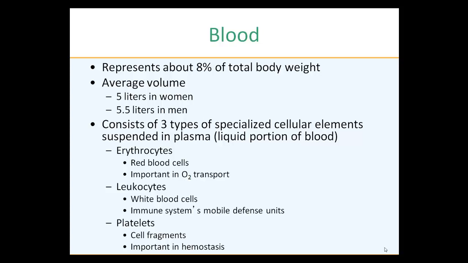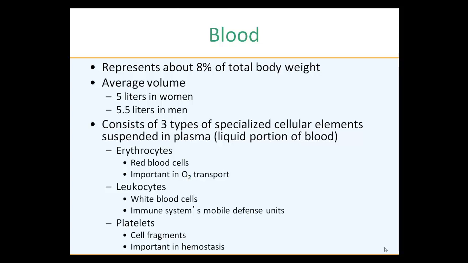And you will see in a little bit why I say subcellular. Erythrocytes, these are the red blood cells, and we'll see later on more details about the shape and the function of those cells. The leukocytes, leuko means white, so these are the white cells.